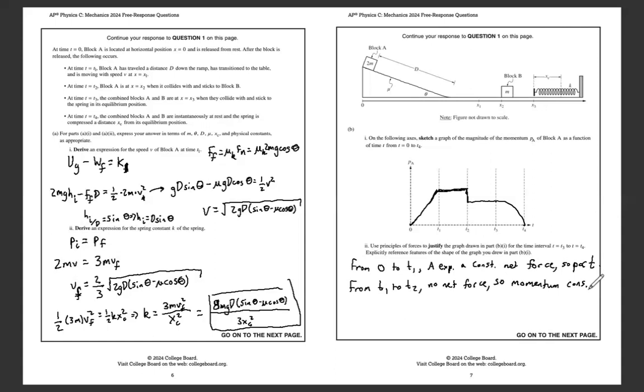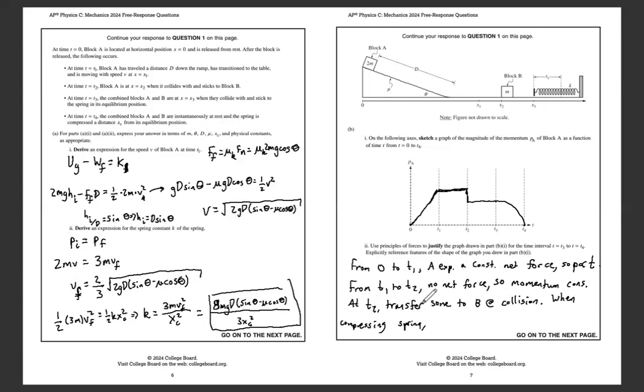All right. At time T2, the collision happens. At T2, transfer some momentum to B at the collision. When compressing the spring, well, what do you have when you're compressing the spring?